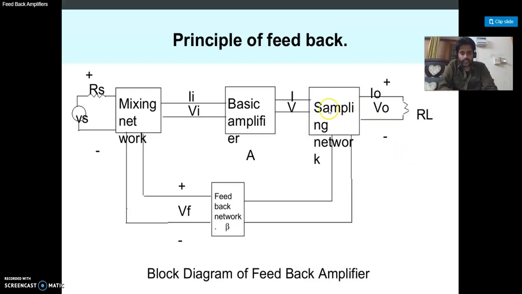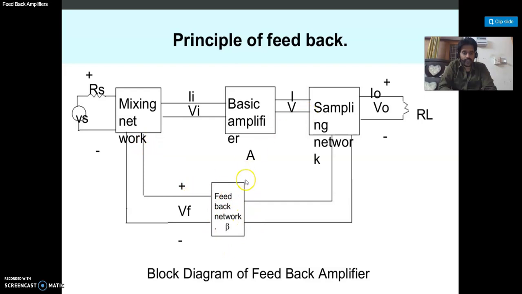Students, all of you look at this. It is nothing but a basic amplifier section with a gain of A. For this amplifier section, the input can be either voltage or current, and it is going to produce an output voltage or current. Hence, in order to revert the output to the input side, we are going to use this feedback network.